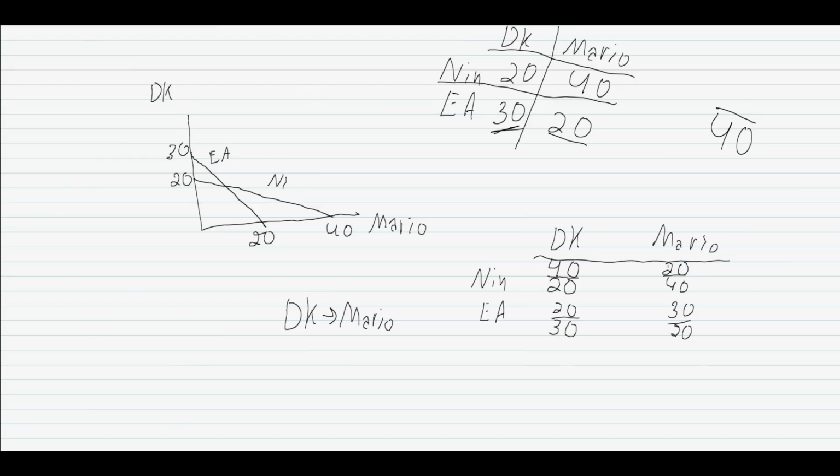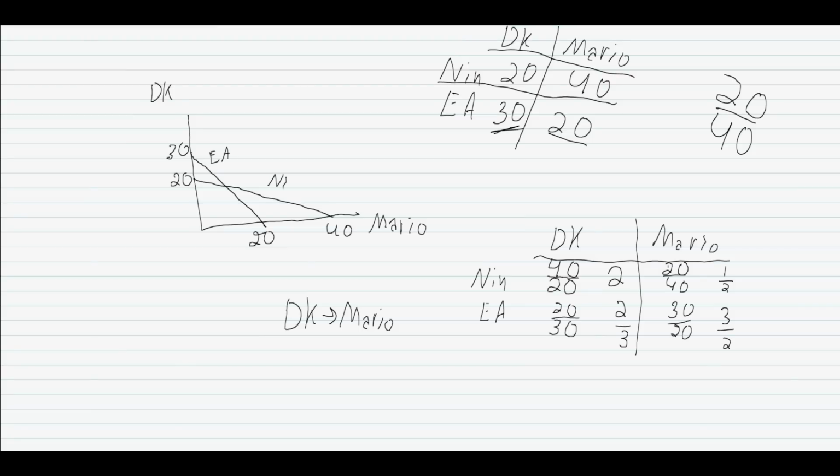And in the numerator, put 20, the amount of Donkey Kong games they can make. That's just the exact opposite of the Donkey Kong opportunity cost. So that's the opportunity cost of making those games. Let's simplify that. 40 over 20 is equal to 2. And 20 over 30 simplifies to 2/3. Over here, 20 over 40 simplifies to 1/2. And 30 over 20 simplifies to 3/2.